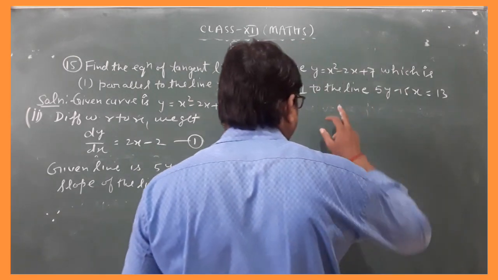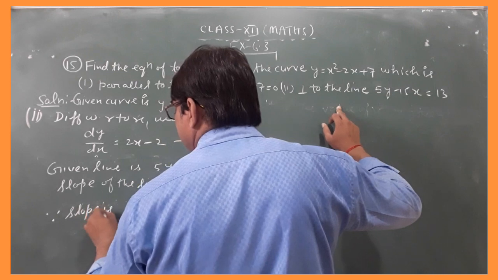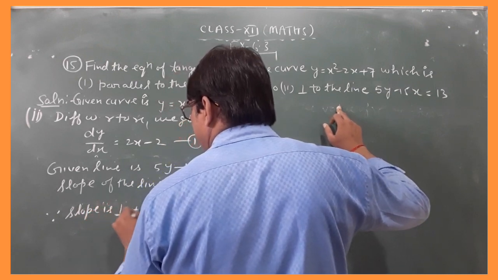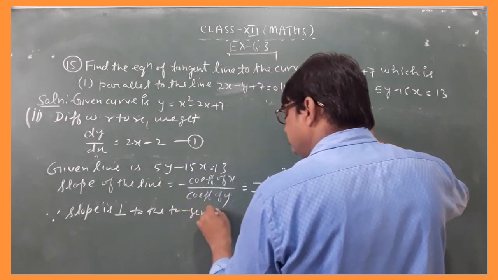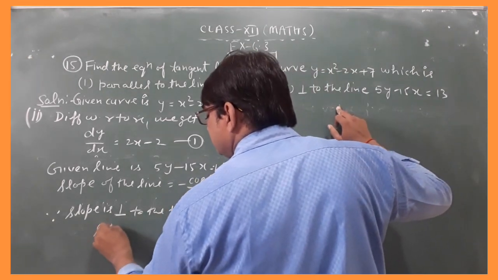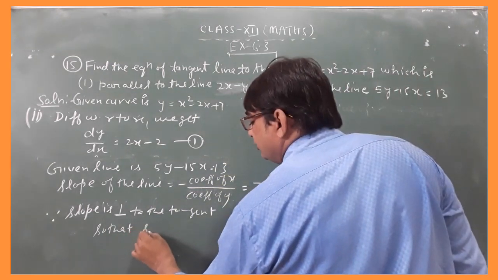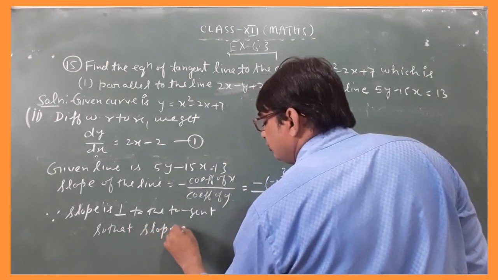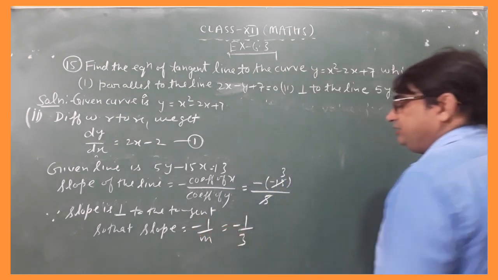So since the slope is perpendicular to the line, the tangent is perpendicular, so that the slope is equal to minus 1 by m, it means minus 1 by 3.